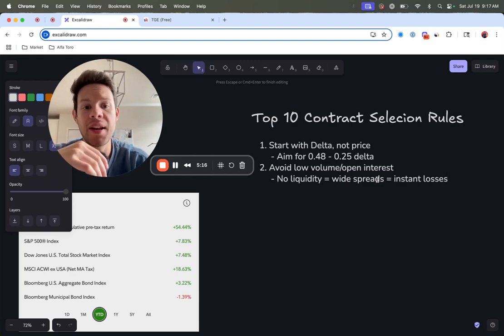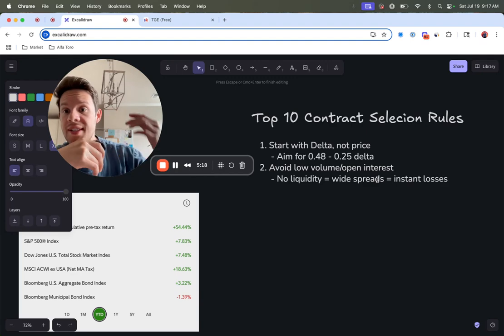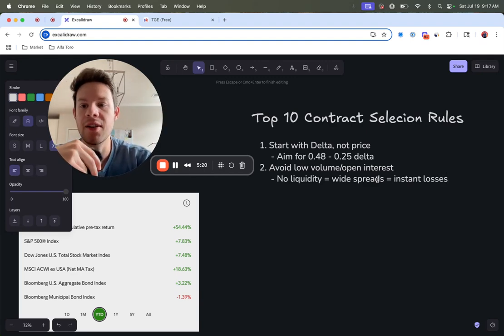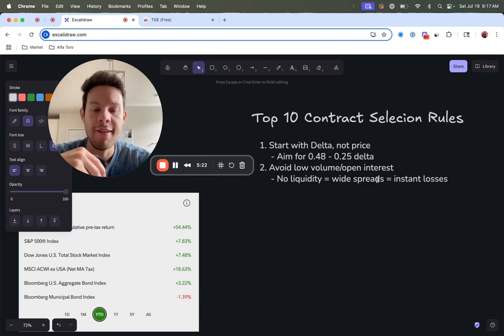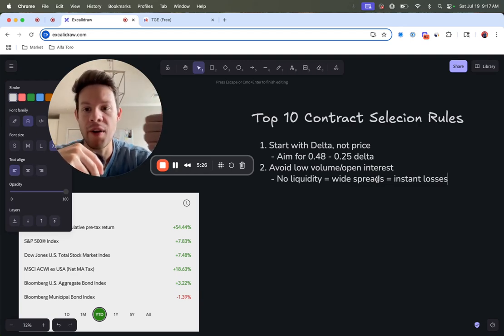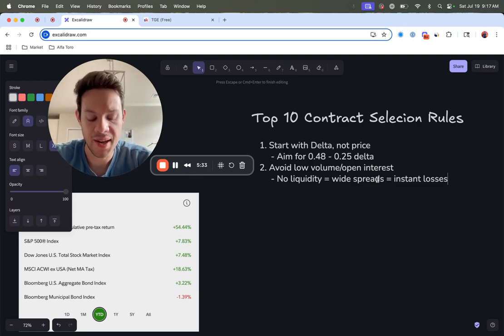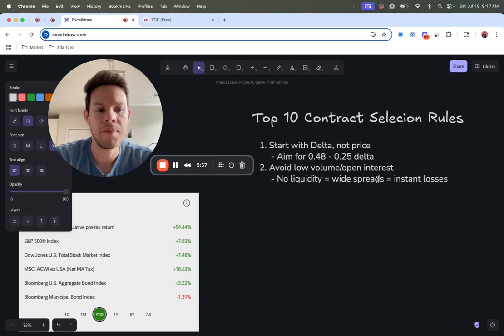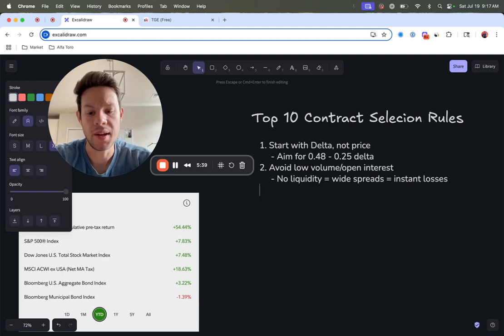So there's no point in picking those contracts, even though the setup for that security looks solid. If the option chain looks like garbage, where there's no liquidity, no volume, no open interest, then it's just better to avoid that. There's no point in entering option contracts where there is no liquidity. All right, so that's number two.